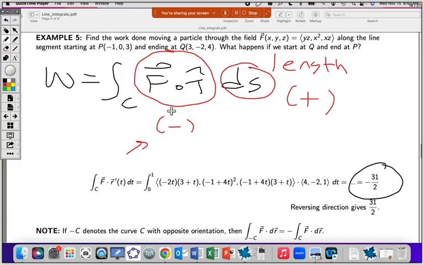Are you moving overall with the field or against it if the dot product's negative? Yeah, it's against, right?